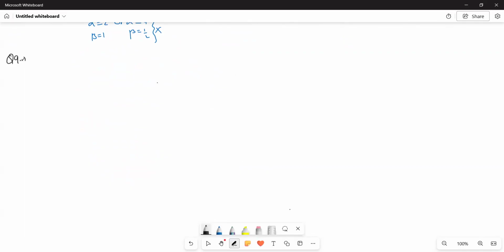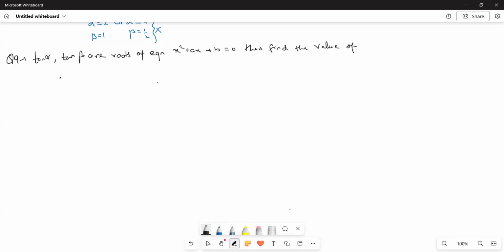Okay, next question. If tan A and tan B are the roots of the equation x squared plus ax plus b equal to 0, then find the value of... tan A की जगह tan alpha कर दो.